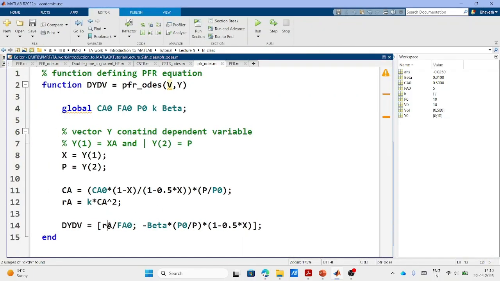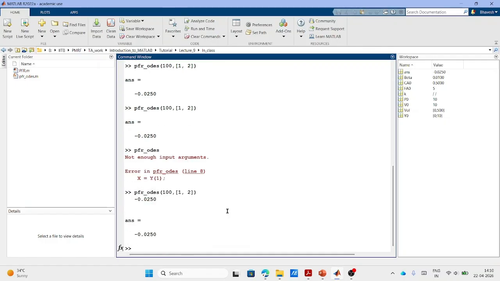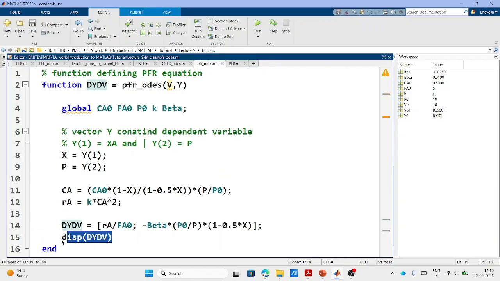Okay. Can I display? Let's do some troubleshooting and figure it out. Yeah, it's only taking one value as information.